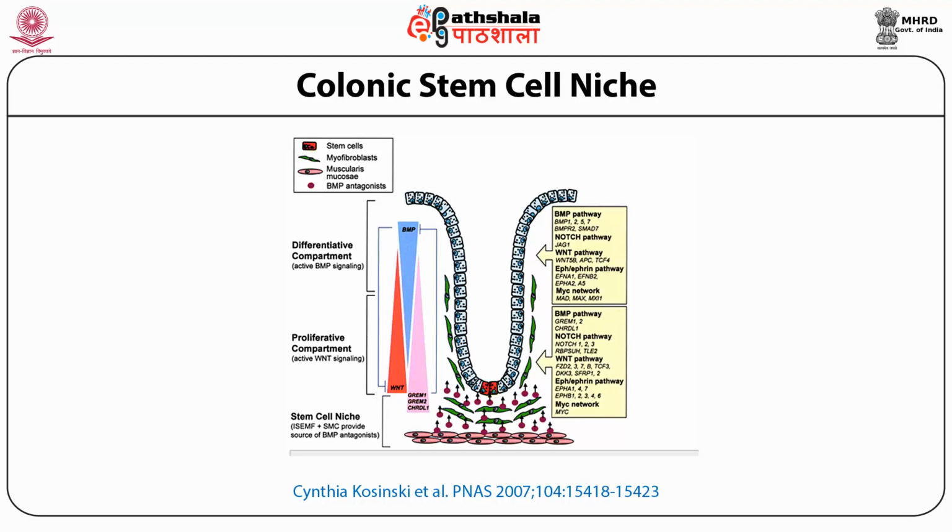As you can see, during the proliferation, there is a difference in the compartmentalization of the proliferation component as well as the differentiation component. Further, the stem cell niche is dictated by the presence of the different growth factors and the signaling pathways which are operating in that particular niche area.